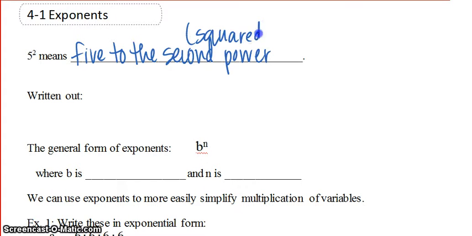So you can say 5 squared or 5 to the second power. And it's written out like 5 times 5. However many of whatever your exponent is, you write that number out that many times. And we know that 5 times 5 is 25. Therefore, 5 squared is 25.